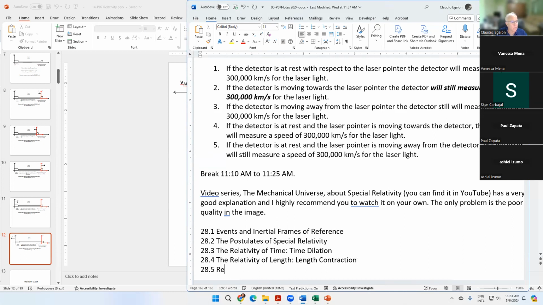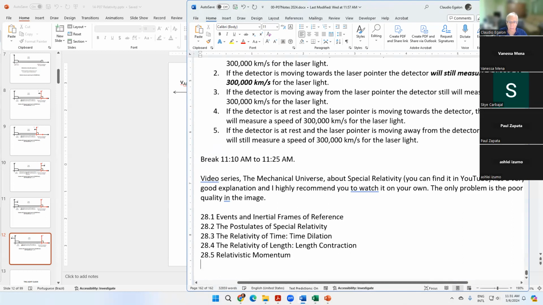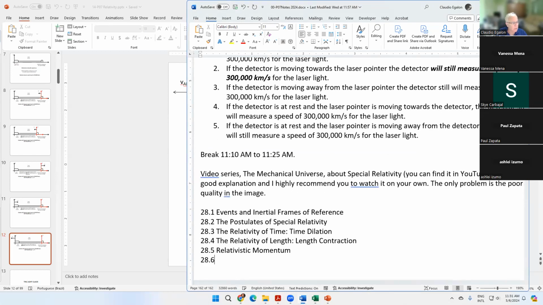28.5, we have relativistic momentum. 28.6, the equivalence of mass and energy. This is the chapter where you are going to see that famous equation of Einstein, E equal to mc squared.